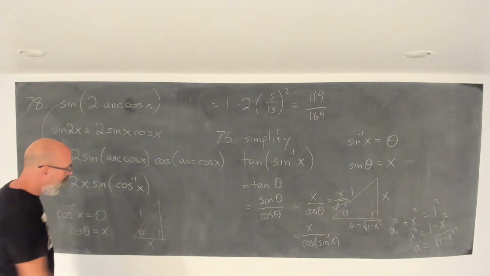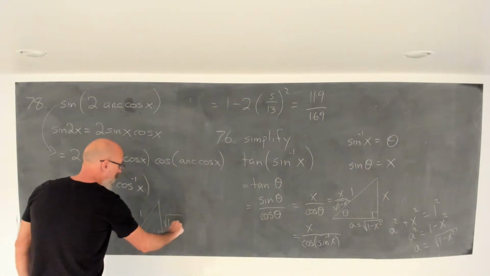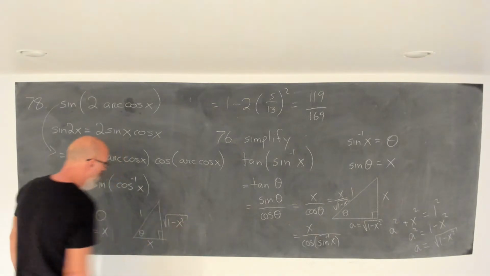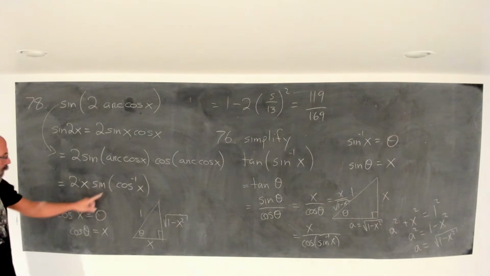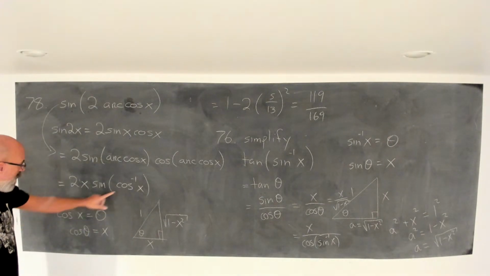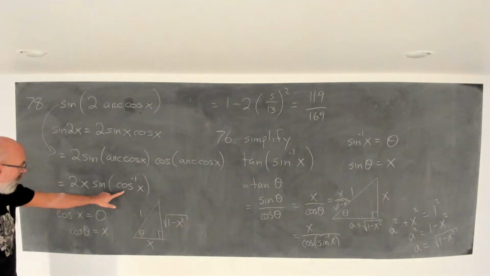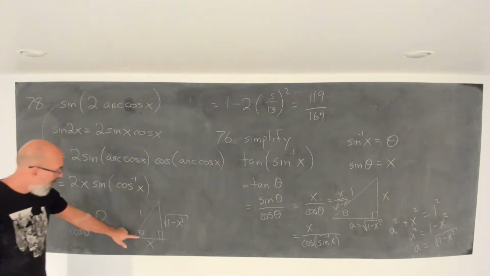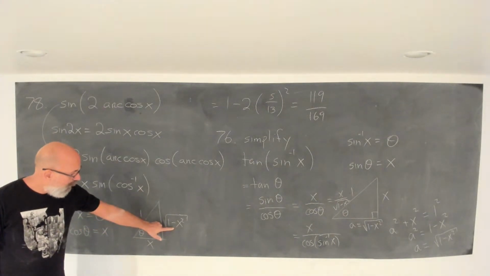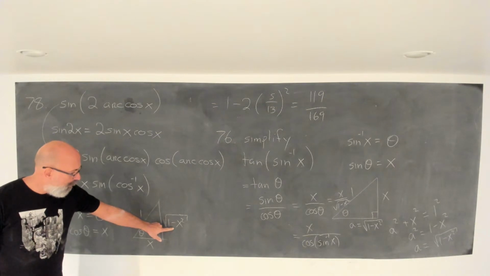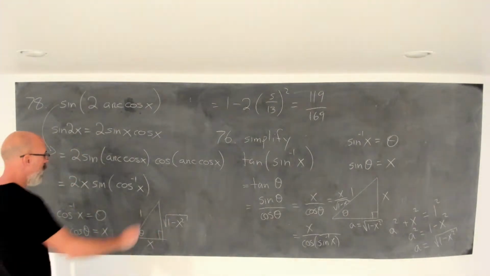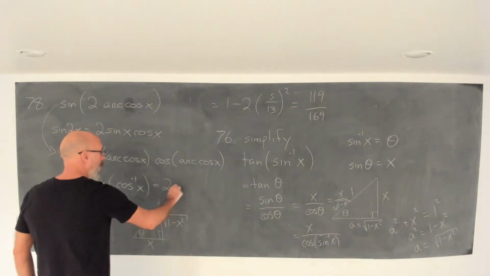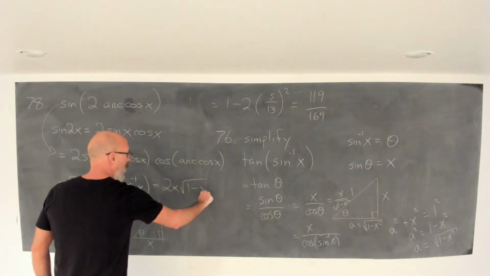Pythagorean theorem will again give you this as the square root of 1 minus x squared. So we are really asking, what is sine of theta? And sine is opposite over hypotenuse. So this is 2x square root of 1 minus x squared.